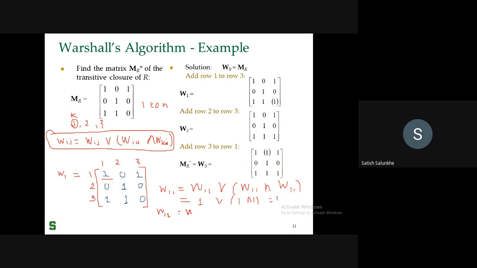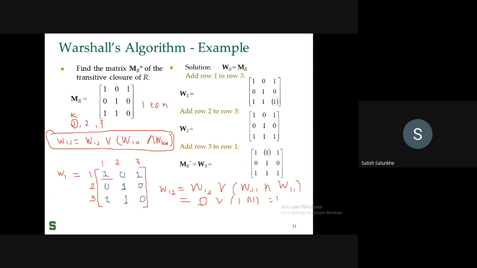So what I will do quickly, I will just update here itself. So it is W12, that is your previous W12. Previous W12 is 0, and now you will have 1 comma 1, and see, k value is 1 at present here. K value is 1, that is the first element that you are taking.